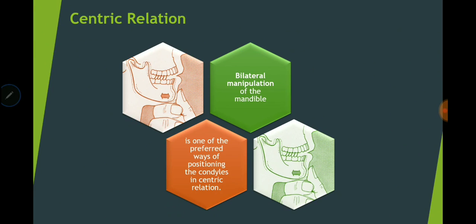All right, so centric relation, as we mentioned earlier, you can actually guide the patient. You can ask the patient to relax, and you can guide the patient into CR using chin support or chin point guidance.